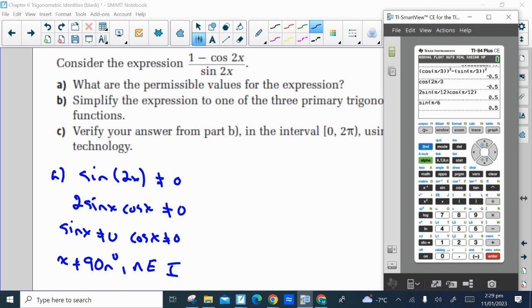the original expression. So the numerator in brackets, 1 minus cosine of 2x divided by, we don't need brackets for this because it's only one term, sine 2x.